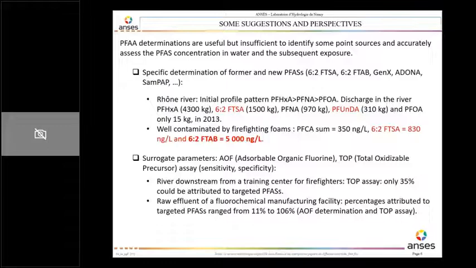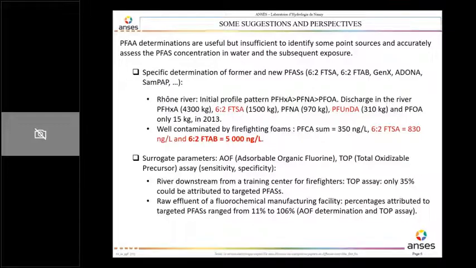For instance, despite analyzing dozens of PFAS, the percentage that could be attributed to targeted PFAS was only 35% in the river sample collected downstream of the discharge pipe of a training center for firefighters.